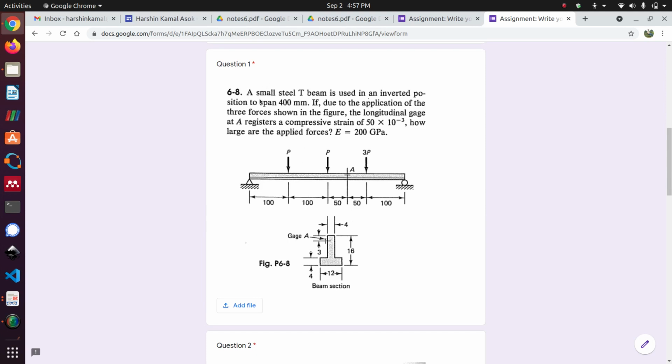So here we have a small steel T-beam which is used in an inverted position to span 400 millimeters. And due to the application of 3 forces shown in the figure, the longitudinal gauge at A registers a compressive strain of a given value.